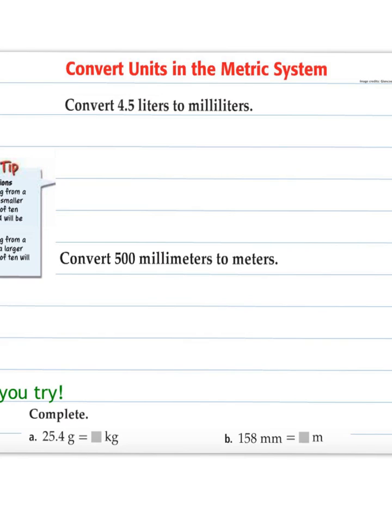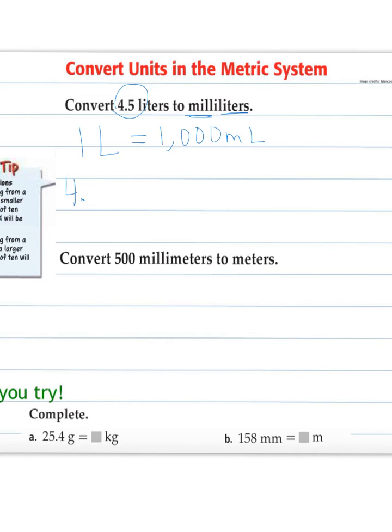All right, so here's an example for us. We want to convert 4.5 liters to milliliters, and we should know that milli means thousandths, so 1 liter equals 1,000 milliliters. And we take this information and we're using 4.5 liters, so we're going to multiply both sides of this equation by 4.5.